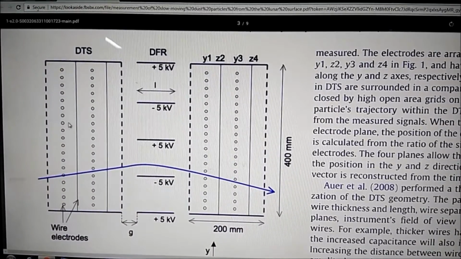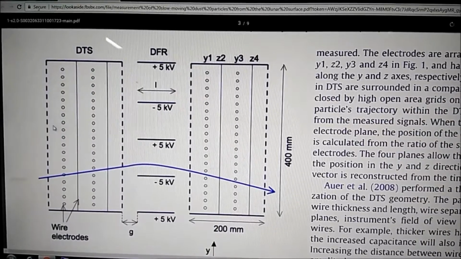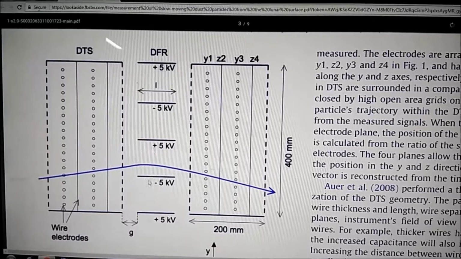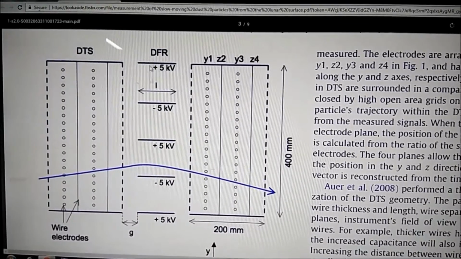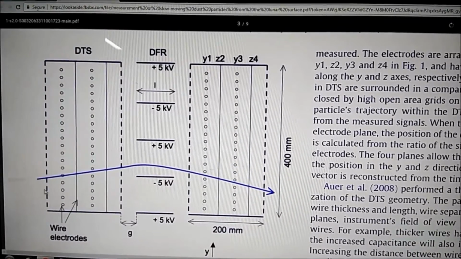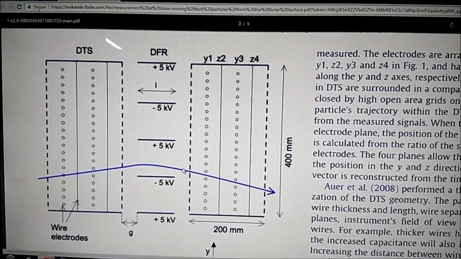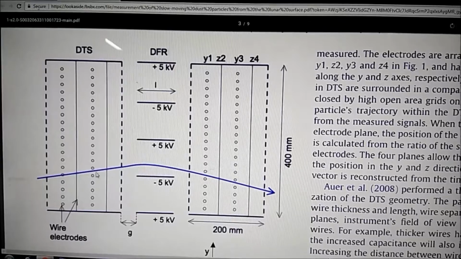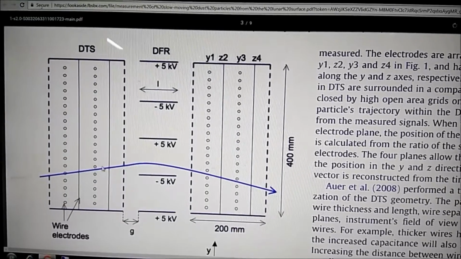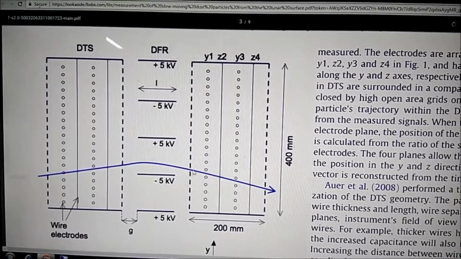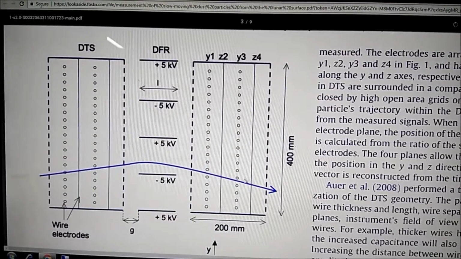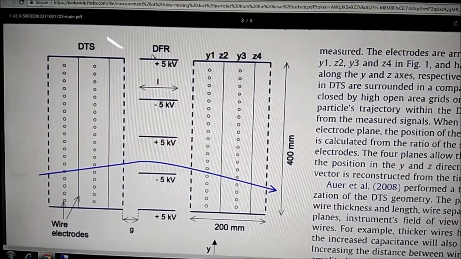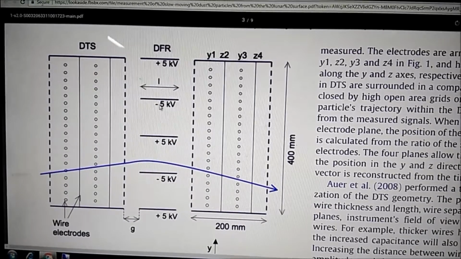These are the layers of the electrodes, and these are the electrodes of the DFR unit. Any charged particle which enters, its direction as well as velocity is detected by the first DTS unit and later by the second DTS unit.